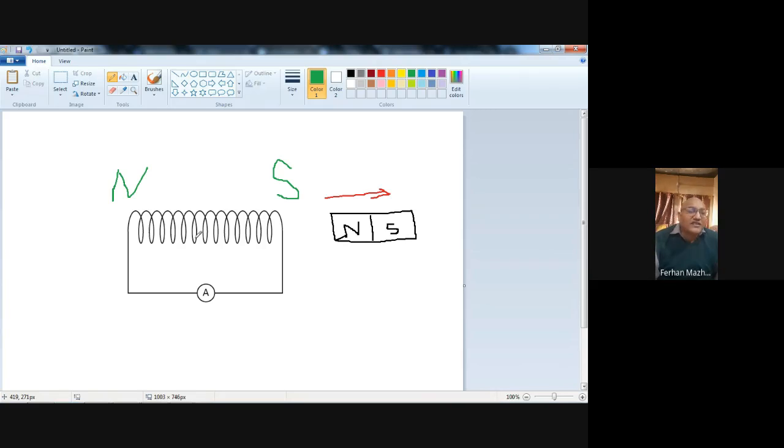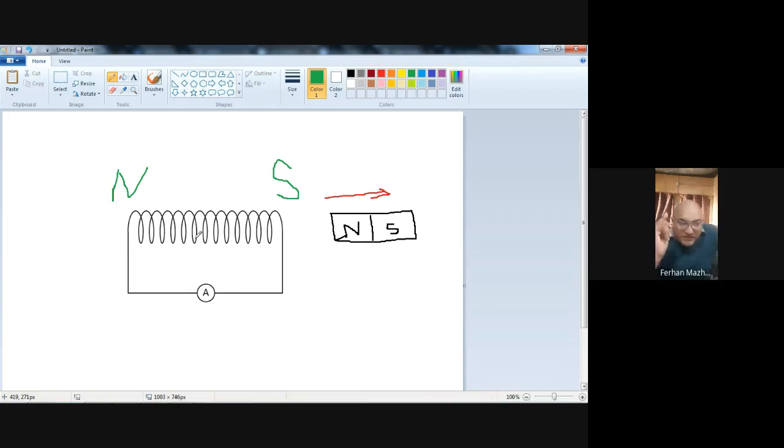Since the bar magnet is moving quickly, the EMF induced will be larger, and the galvanometer will also show a larger deflection this time.